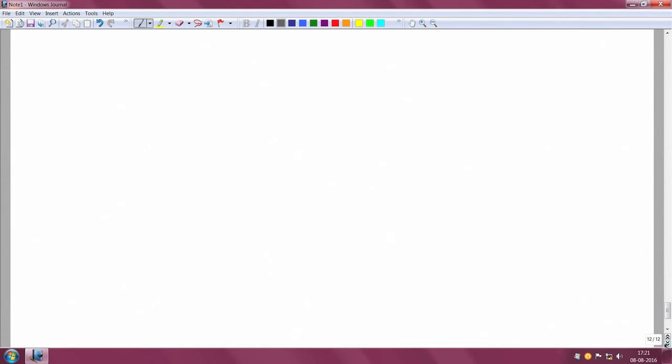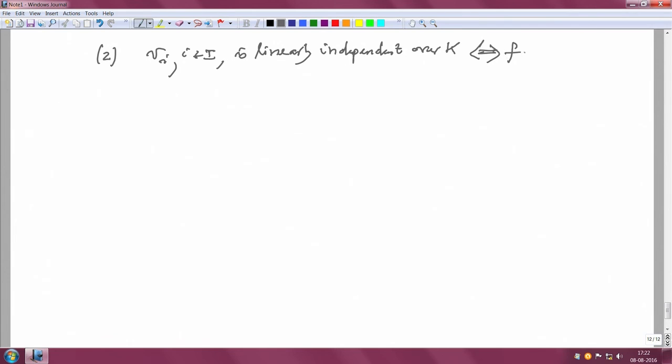Second one: v_i, i in I, is linearly independent over K if and only if F is injective.